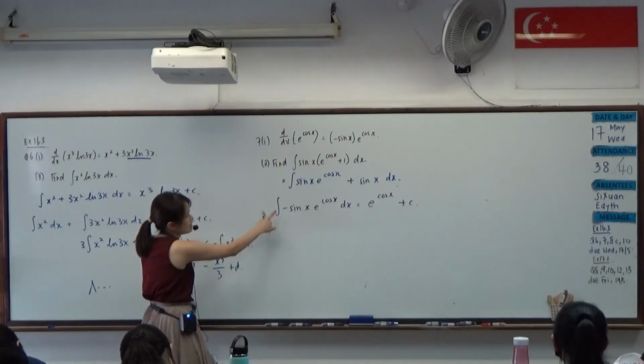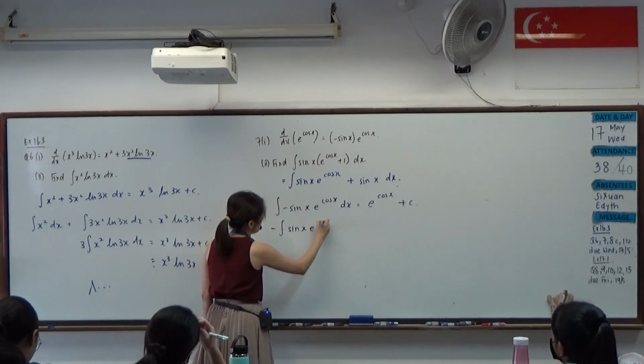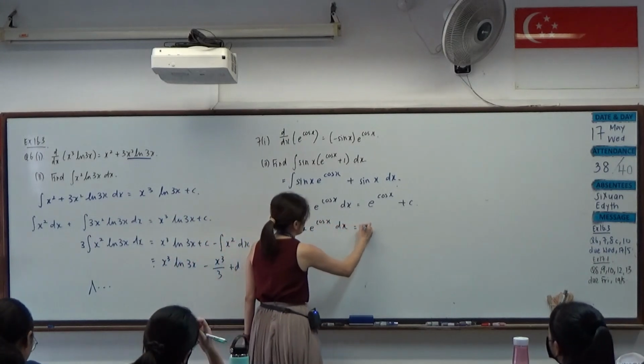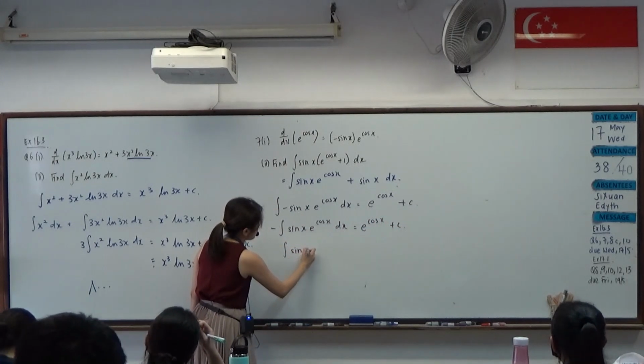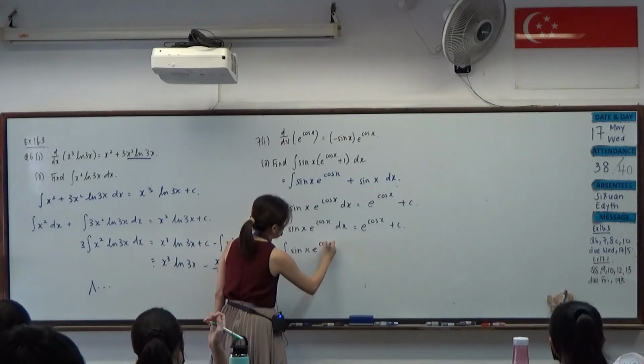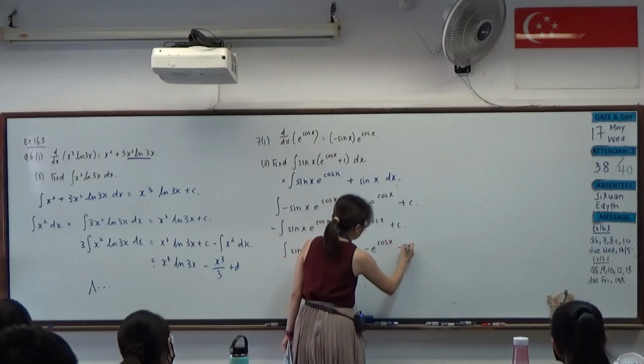I can take this negative 1 out, which means that the positive integration of sine x e cosine x will be equal to negative e cosine x minus c.